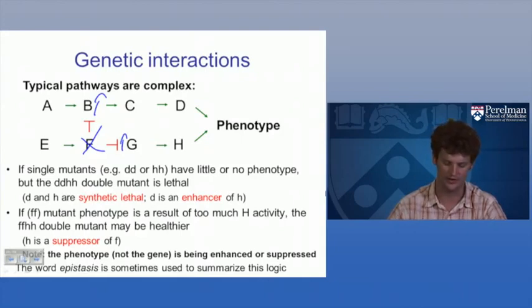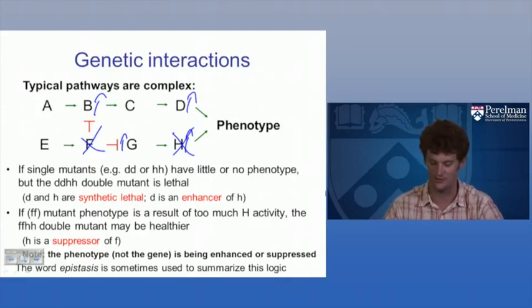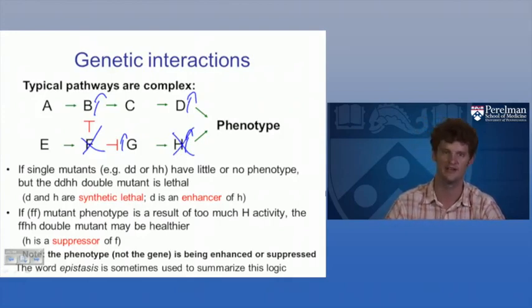But the problem is because you have too much D and H. But maybe if you knock out F and then you also knock out H, now you have too much D, but you don't have H anymore, and so you have the right amount of activity, and you go back to normal. And so now H is a suppressor of F. You can actually work out from the double mutant phenotypes, in some cases, the order of a pathway like this. And you might hear the term epistasis, which I don't really like, sometimes used to summarize this logic.